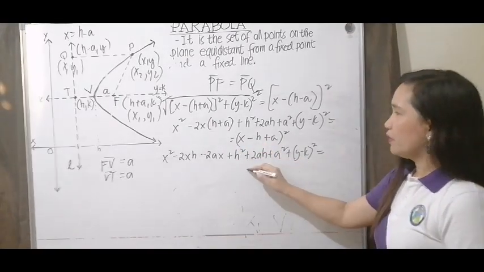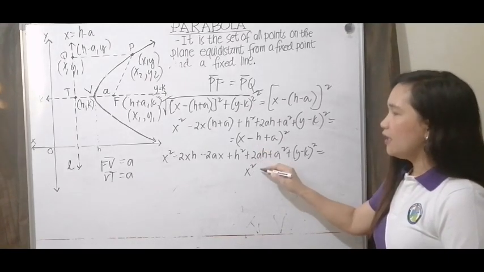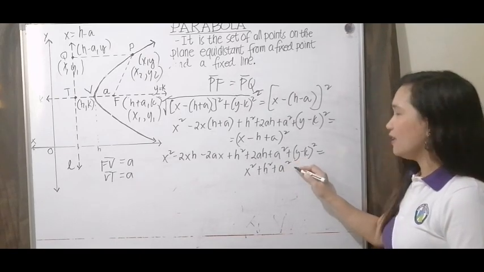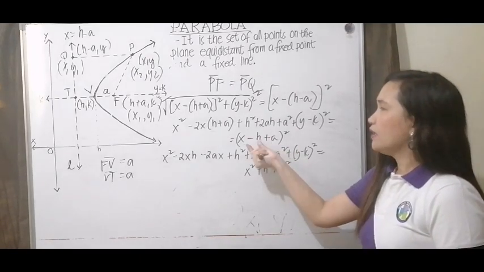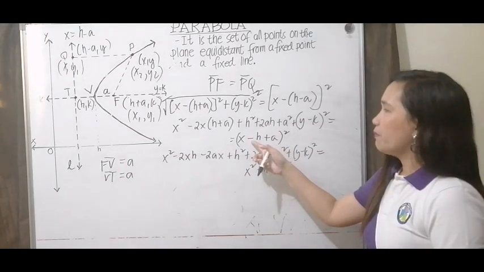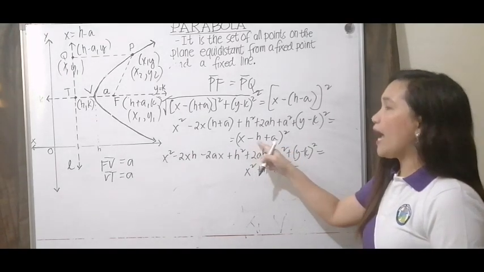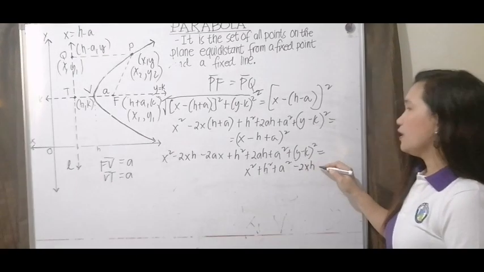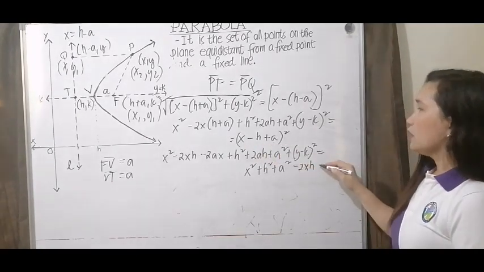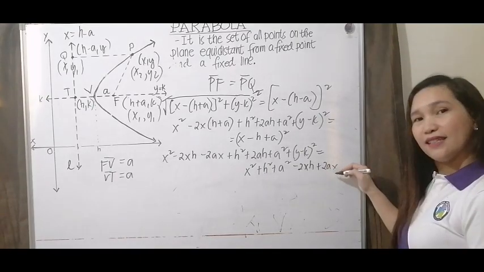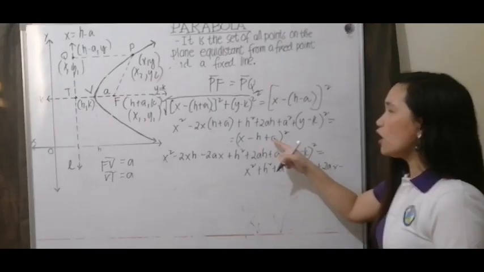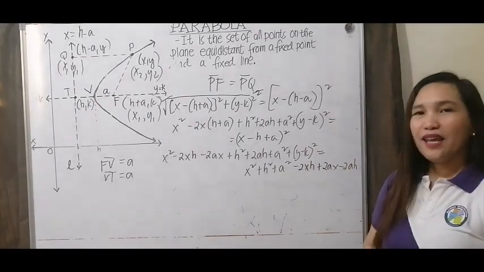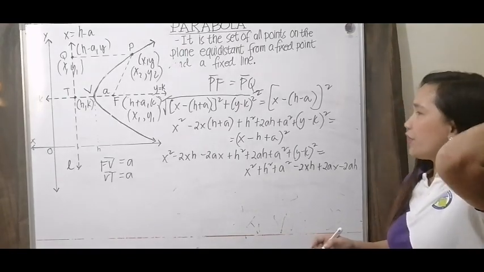So you'll have x squared plus h squared plus a squared, then minus 2xh, then plus 2ax, then minus 2ah. Okay? Then simplify further.